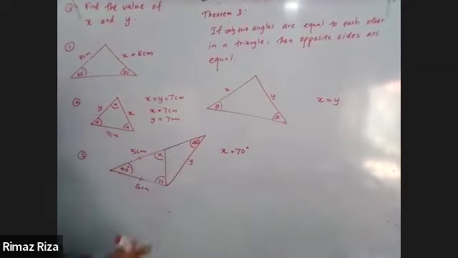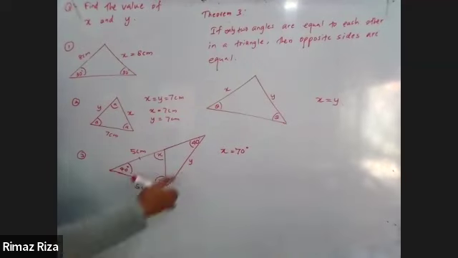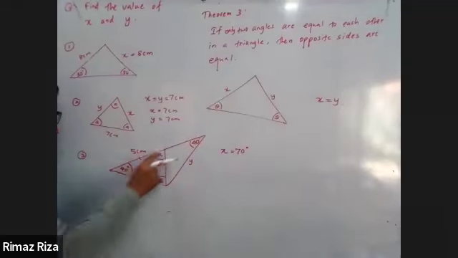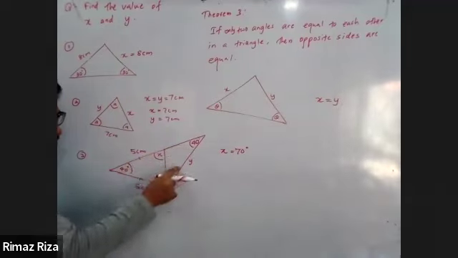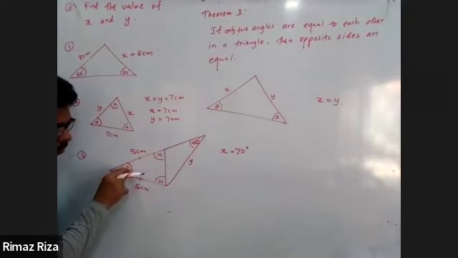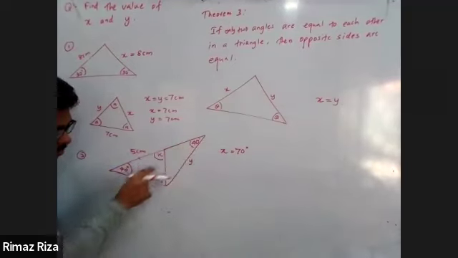Therefore, this big triangle is what? An isosceles triangle, right? Therefore, these angles are equal. Opposite to this angle is this side, and opposite to this angle is this side.